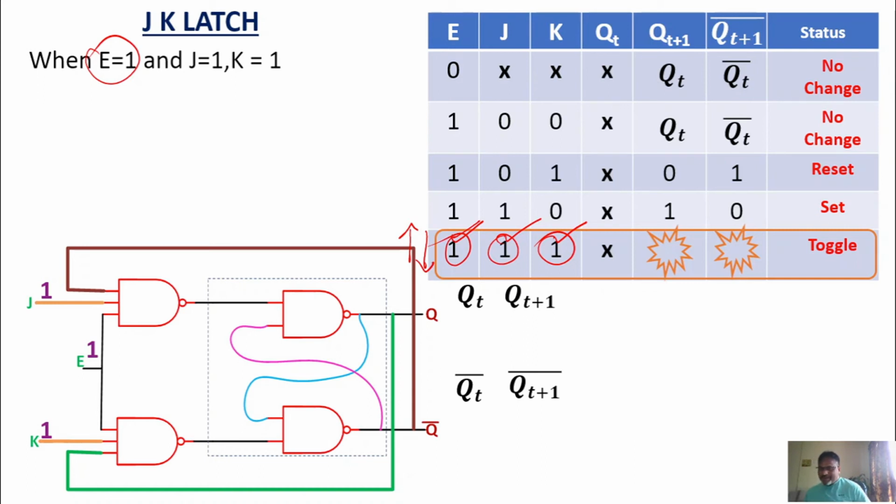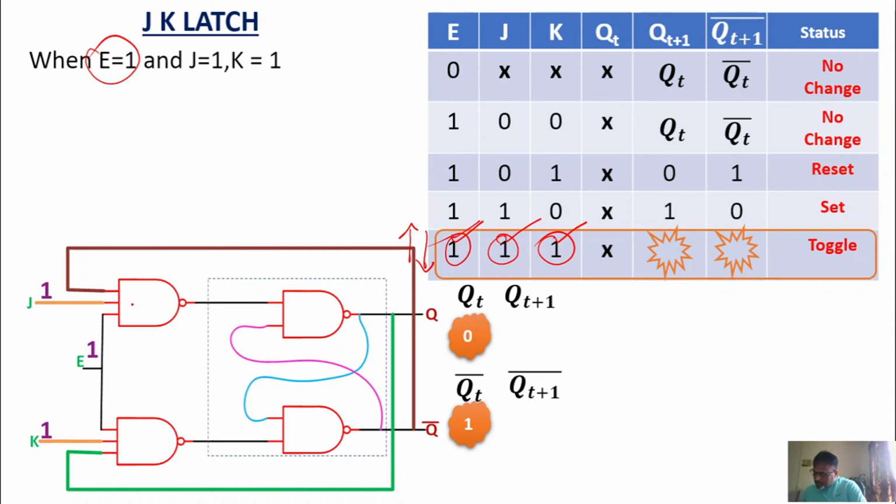To understand that, let us consider Qt and Qt bar as 0 and 1. Now you know that Qt is 0, Qt bar is equal to 1. Let us propagate that to here.